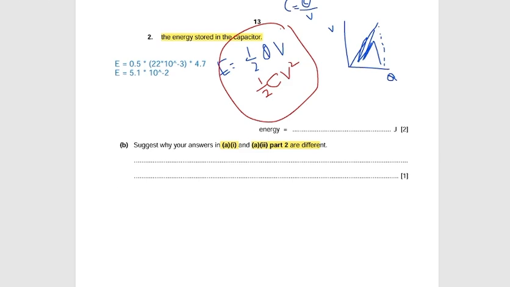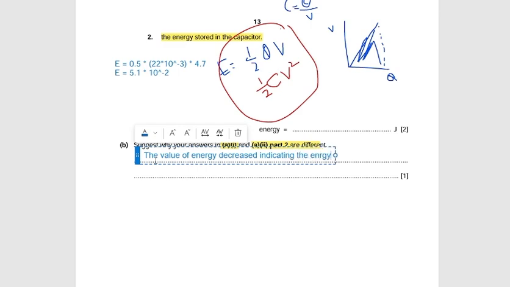So the best way to write this answer is: the value of energy decreased, indicating the energy lost as thermal energy.